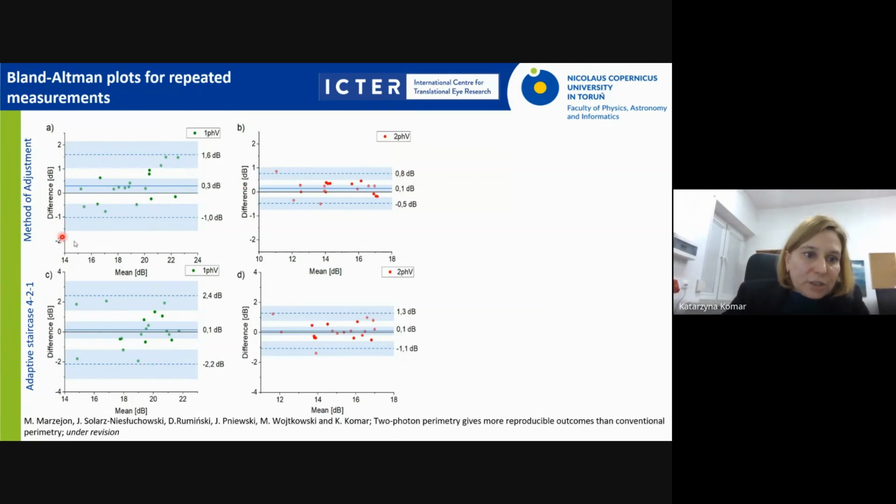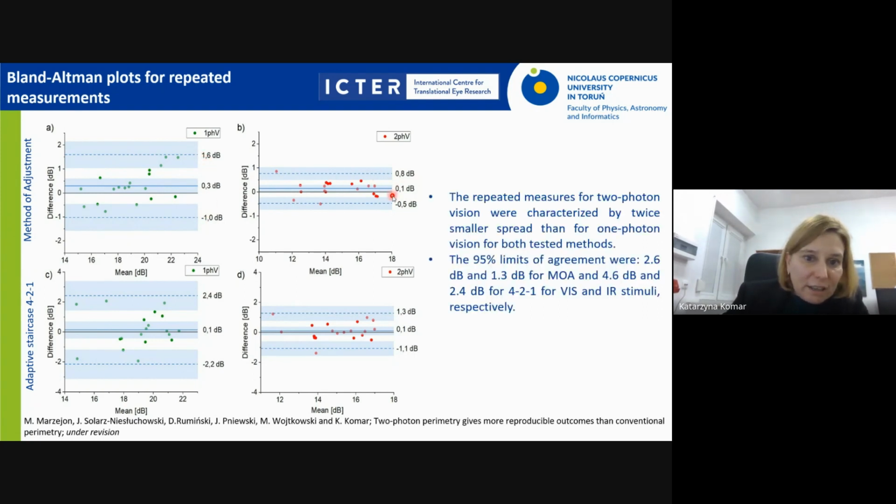So we measured the visual thresholds for a cohort of subjects, here about 17 subjects, using 2 kinds of methods, method of adjustment and adaptive staircase 4-to-1, with 1-photon and 2-photon stimuli. And what is important here, you can see that this region is almost exactly twice as narrow for the 2-photon stimulus in comparison to the 1-photon stimulus.